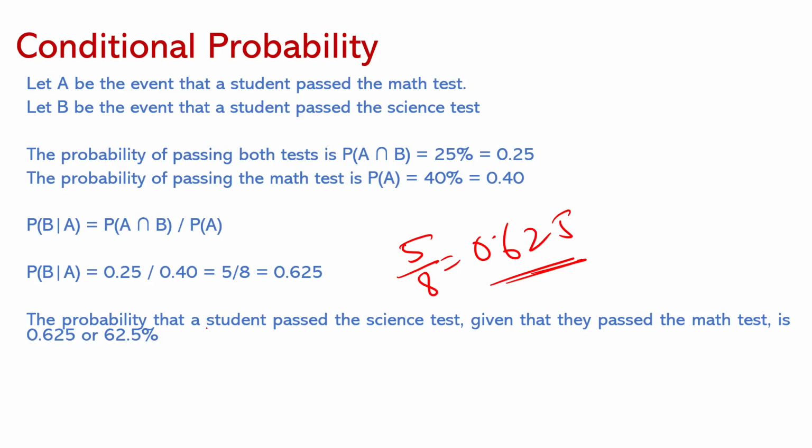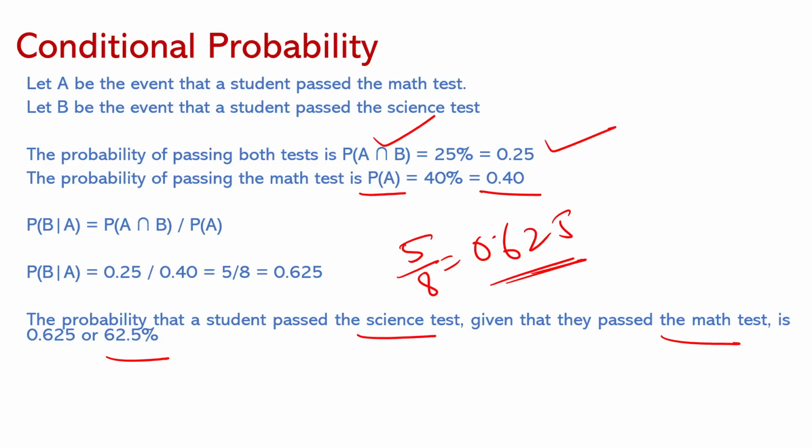The probability that a student has passed the science test, given he has already passed the maths test, is 62.5% or 0.625. Passing both tests is given as 0.25, passing only the math test is given as 0.40. So we apply conditional probability here to find the value.